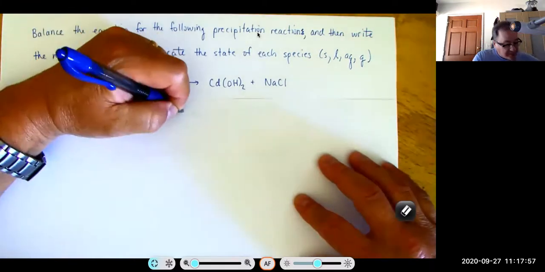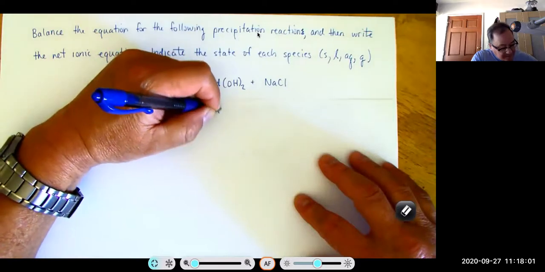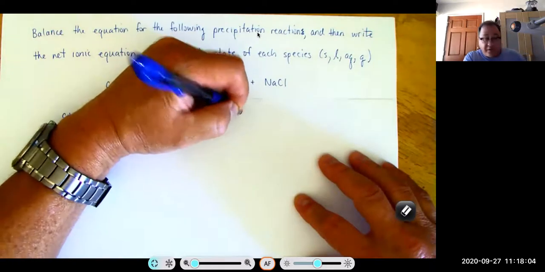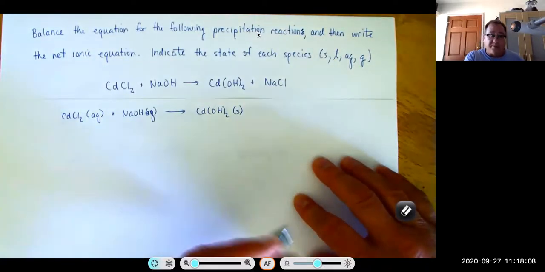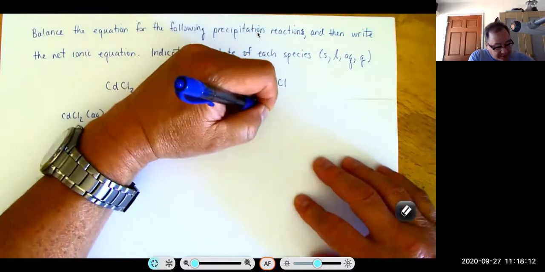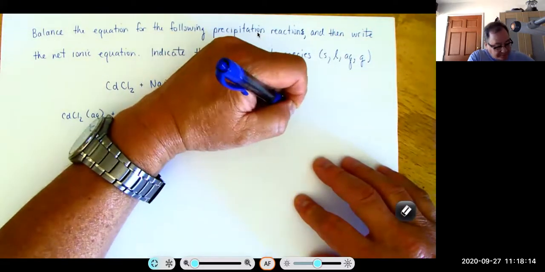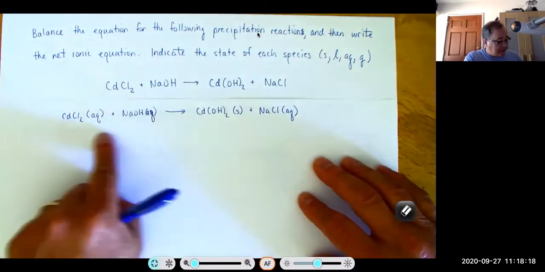For the cadmium hydroxide, this one is a solid because if you look at the rule for hydroxides, they are not soluble unless combined with something like sodium or potassium. And we know darn well that table salt is soluble. So we put in the correct state for each of these.